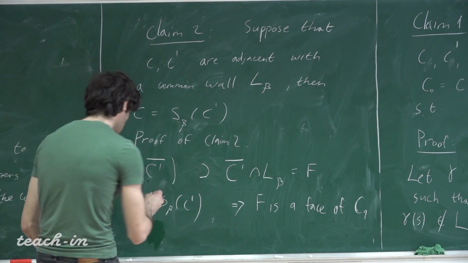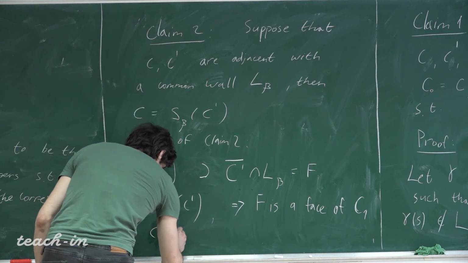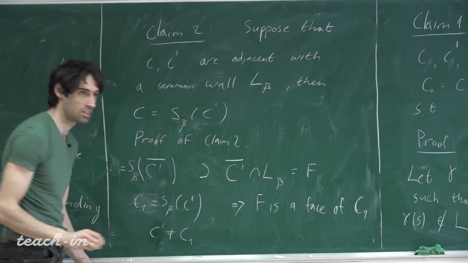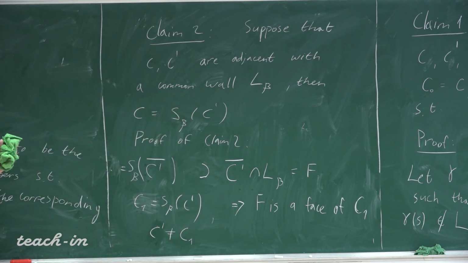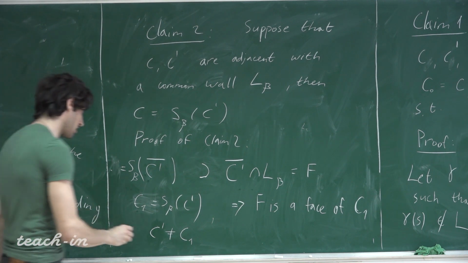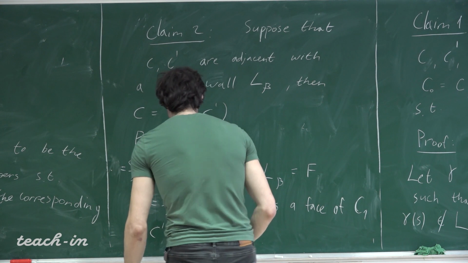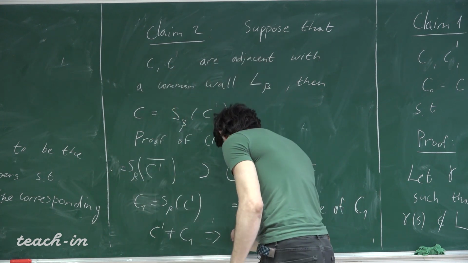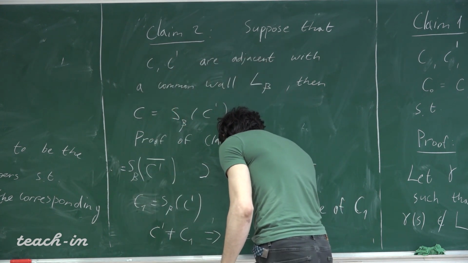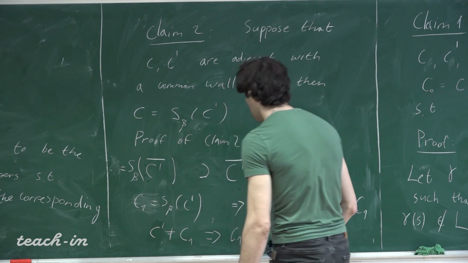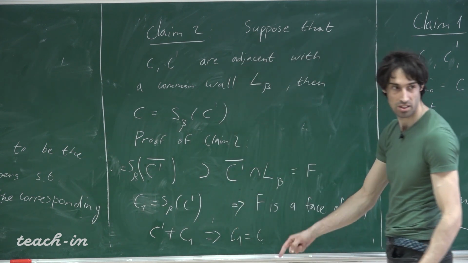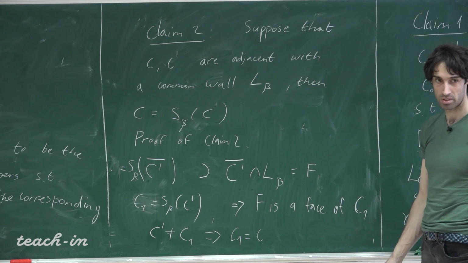And we know that C prime is not equal to C1. There are only two Weyl chambers which share a face. So therefore, we are forced to say that C1 equals C. And therefore, C is S beta of C prime.